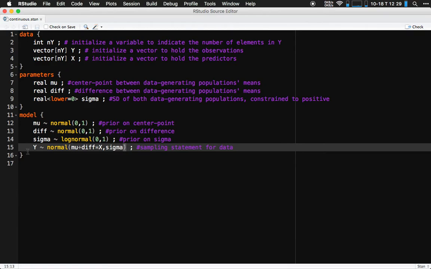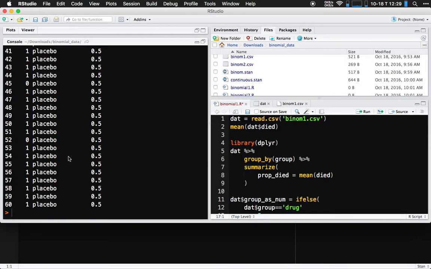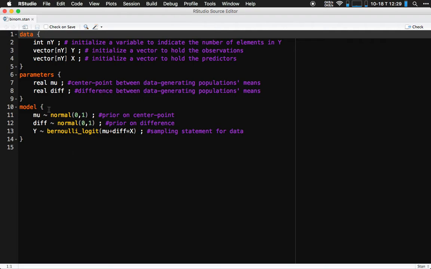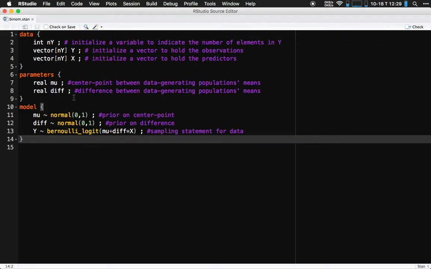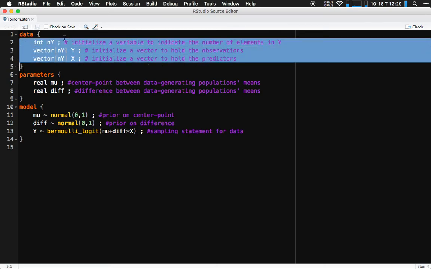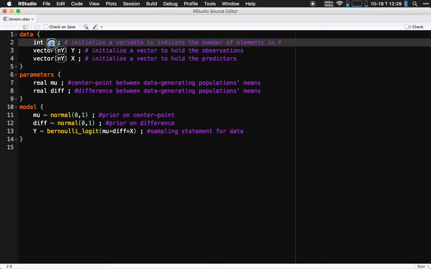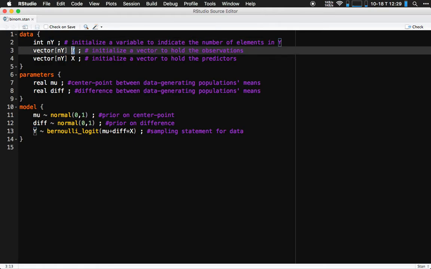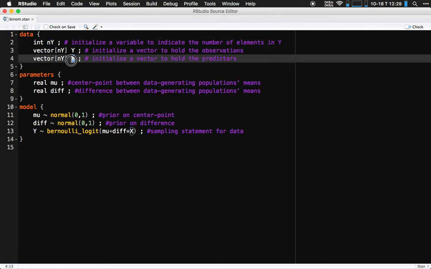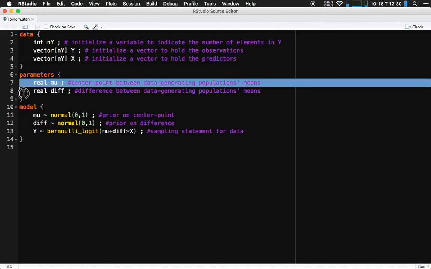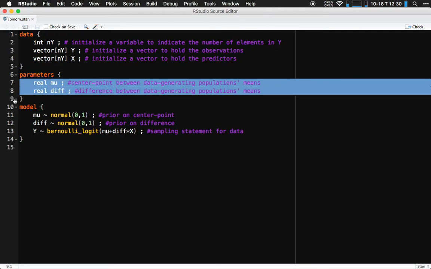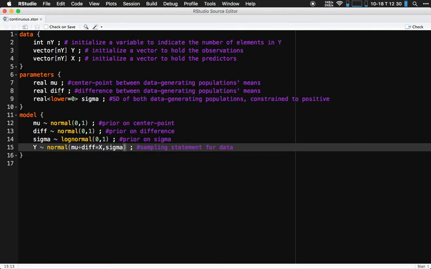Here there's a total of 16 lines, and here there's 14 lines. So we've lost 2 lines somewhere. The data structure coming in is the exact same. We've got the total number of data items, a list of the outcome, and the list of the predictor variable, the indicator variable. We now have 2 parameters that we're uncertain about, whereas before we had 3.